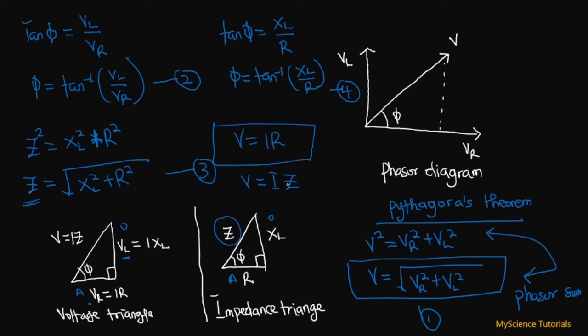And then we can find this Z by finding the square root of the inductive reactance squared plus the resistance squared. That is how we find the Z. So this is also another important formula that we'll be using along this tutorial.